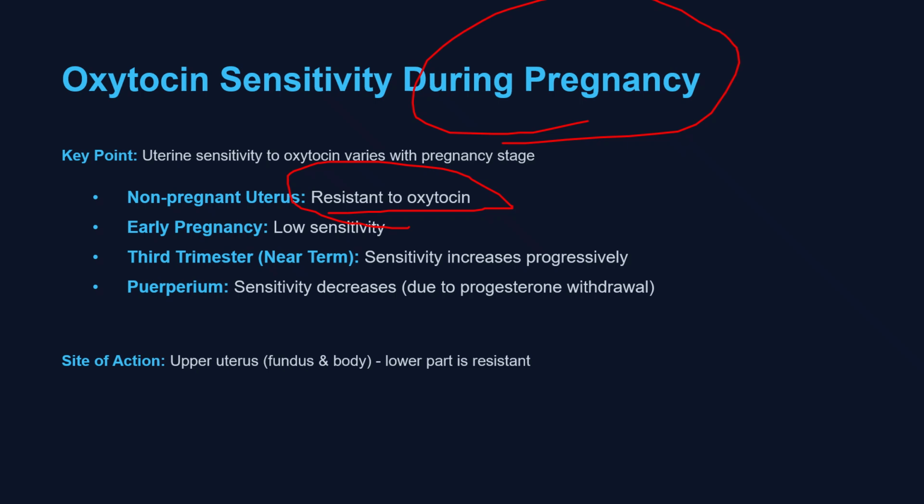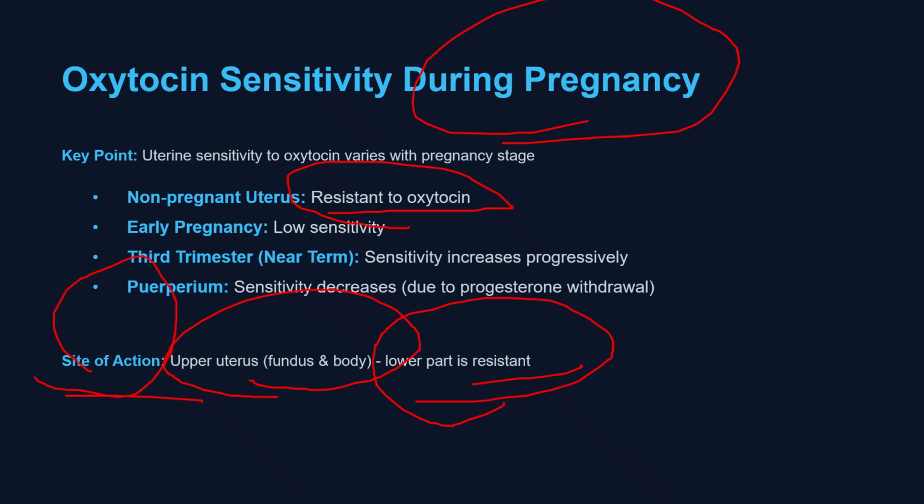The site of action of oxytocin is only the upper uterus, that is the fundus and body, not the lower part of the uterus, which is resistant. That is the site of action of oxytocin. Upper uterus alone, not the lower uterus, and it is resistant in non-pregnant persons and early pregnancy.